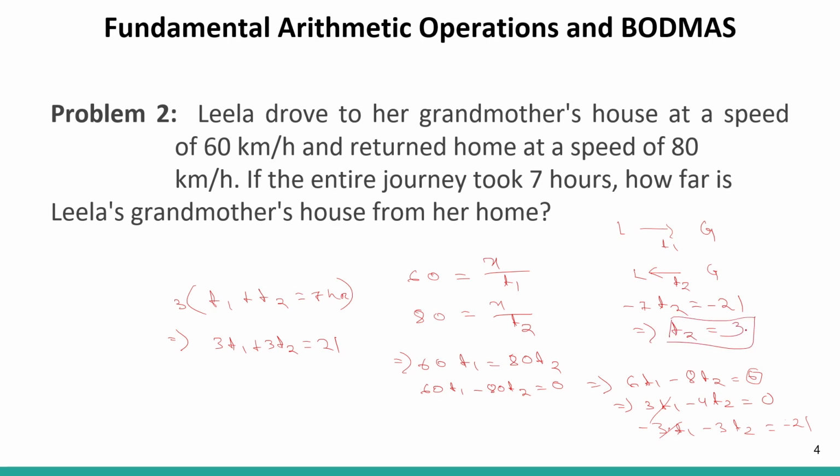So if t2 is equal to 3 hours, t1 is equal to 4 hours. Now we can see how far Leela's grandmother's house is from her home. We know that 60 is equal to x by t1, with t1 equal to 4, so x by 4. This implies that x is equal to 240 kilometers. So her grandma's house was 240 kilometers away from her home.